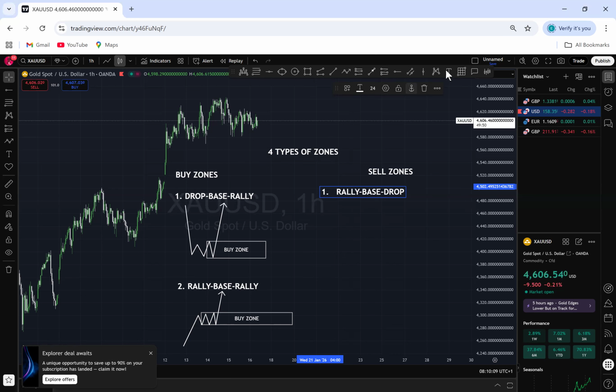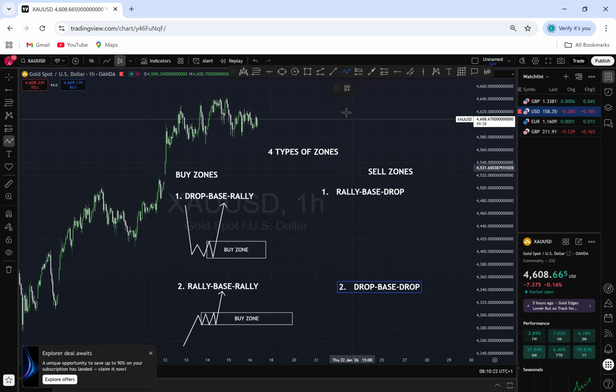And then the second type is what we refer to as the drop base drop. So for the rally base drop, we have a push to the upside, a consolidation, and note, like I said, it can be one candle, then you have a drop.